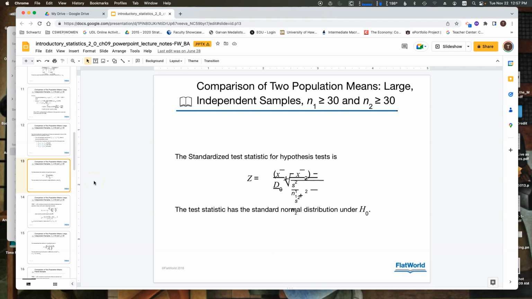This didn't come out exactly well here, so let's rewrite this.